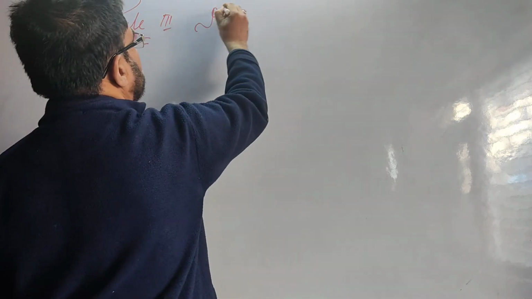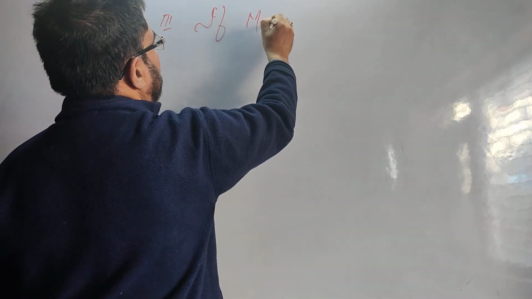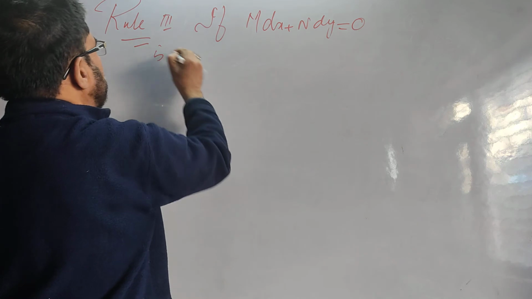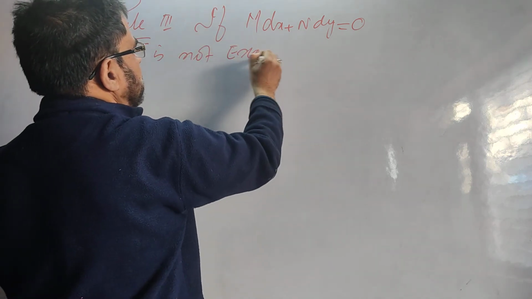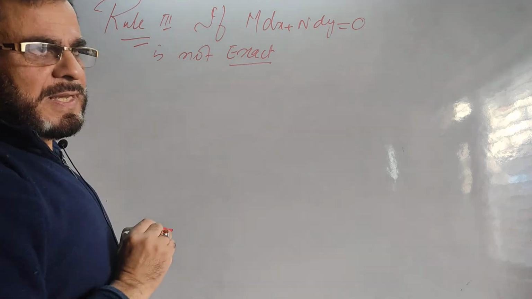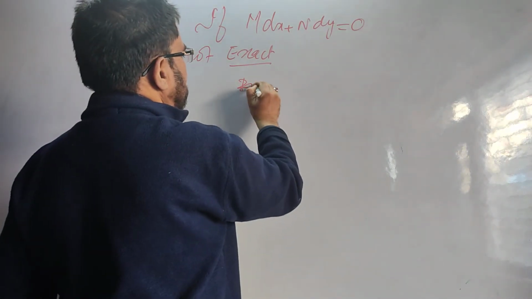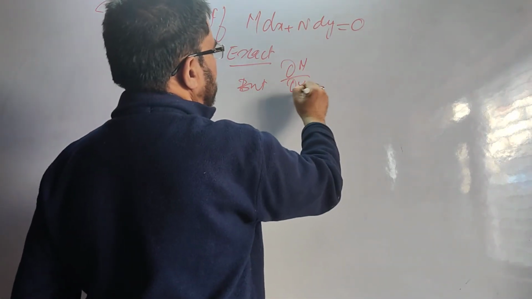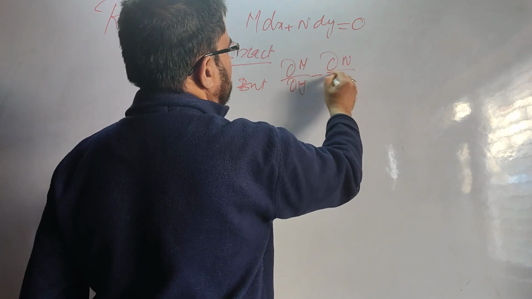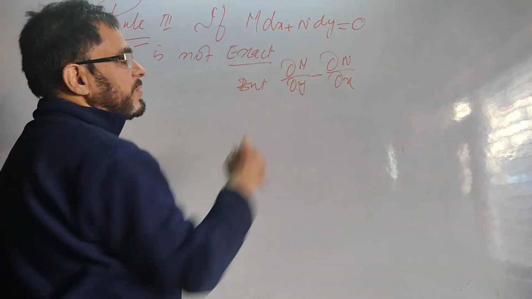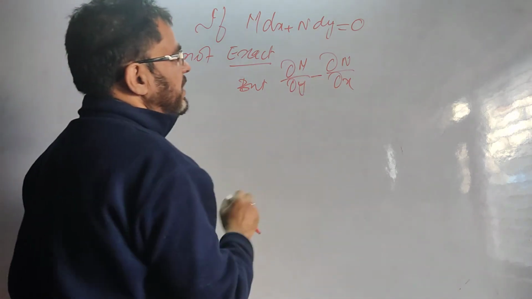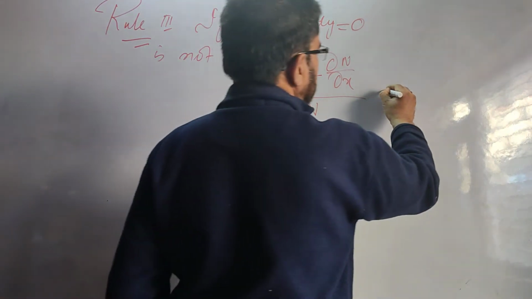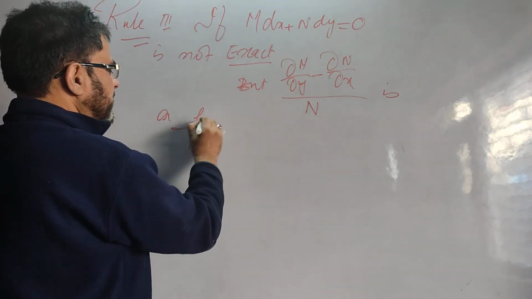We say if M dx plus N dy is equal to 0 is not exact, but at the same time you get a clue that partial of M with respect to y minus partial of N with respect to x, you need both of them, division by N, when you write division by N, is a function.